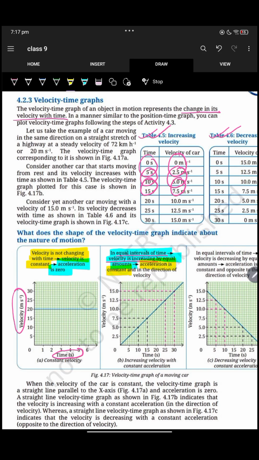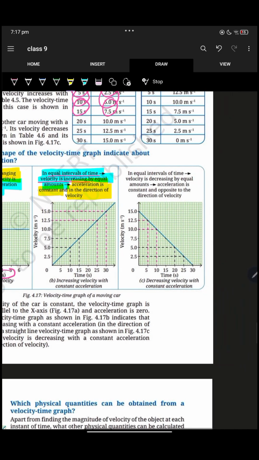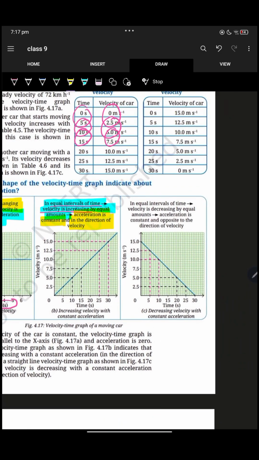Wherever there is a change in the velocity with respect to time, we will say there is acceleration. That means the motion is accelerated motion and the acceleration is constant here and in the direction of velocity, because it is increasing. Increasing velocity with constant acceleration gives a uniform, increasing plot.